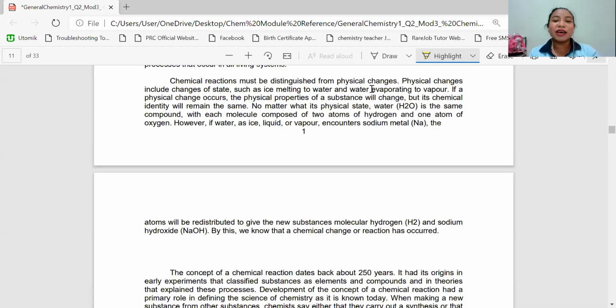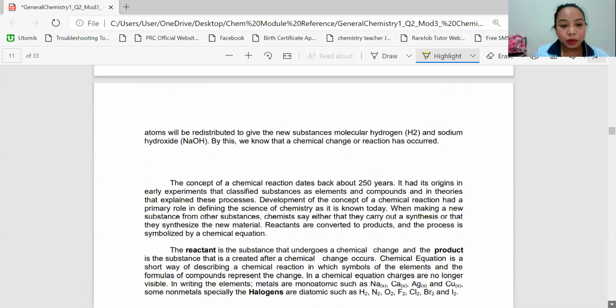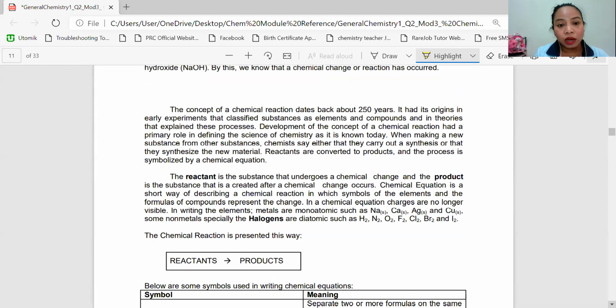So if you just change the state of the matter, then still it is a physical change. But if you put electricity in the water, that electricity triggers the separation of the hydrogen and the oxygen, then that becomes a chemical reaction. That means you actually decomposed the water molecules.